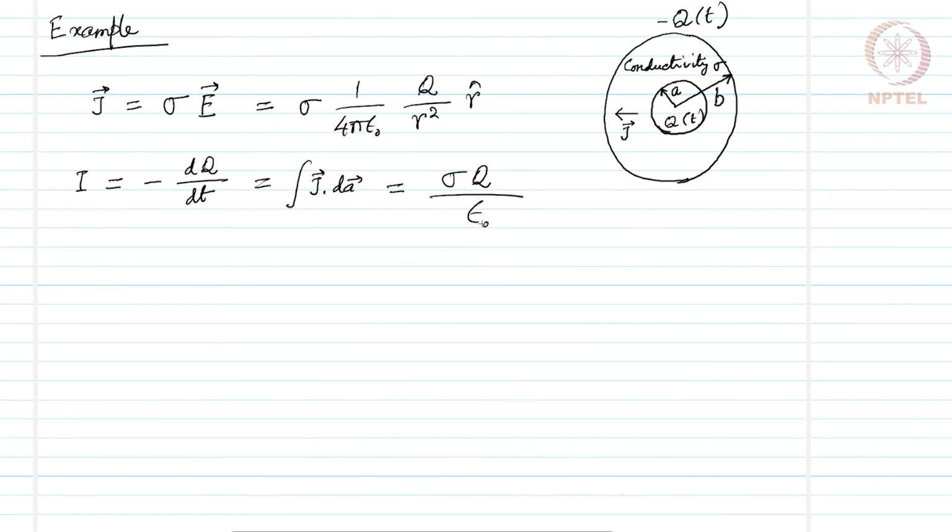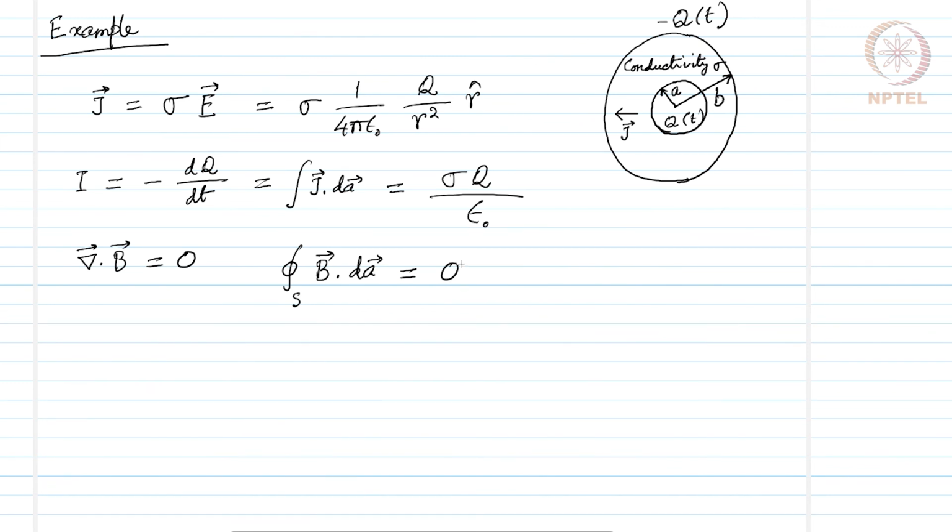Now, this is a spherically symmetric configuration that we have at hand. So, the only direction the magnetic field can point is radial. Then we can write the divergence of B equals 0, and that means the closed surface integral of B dot dA also goes to 0.